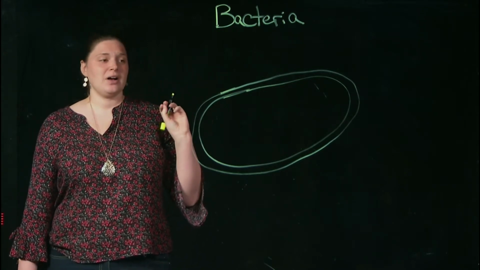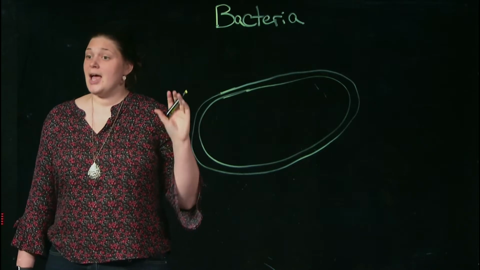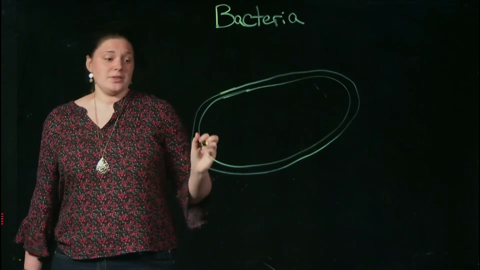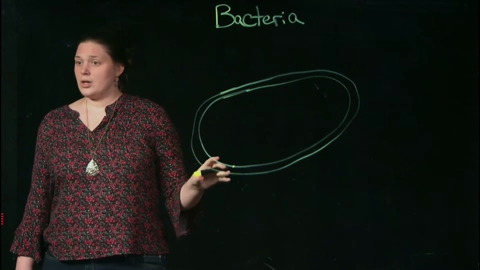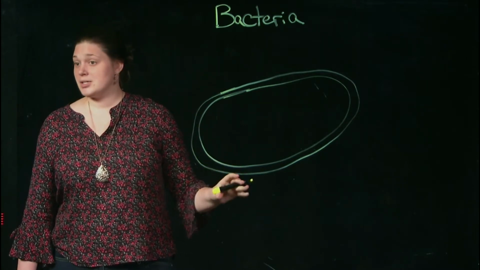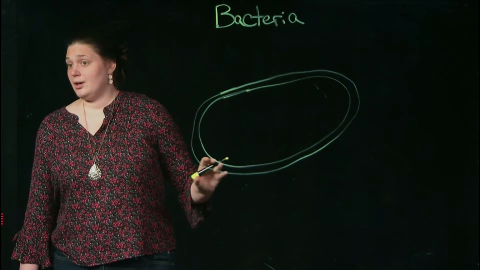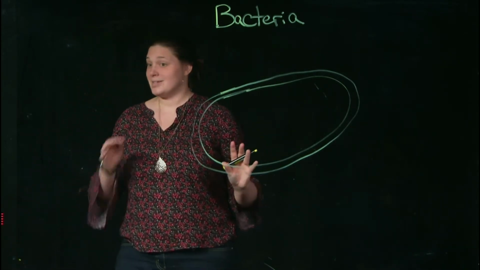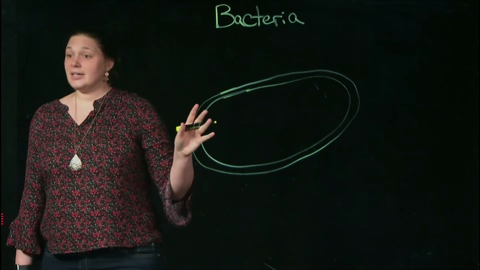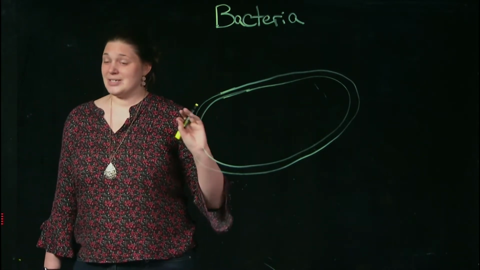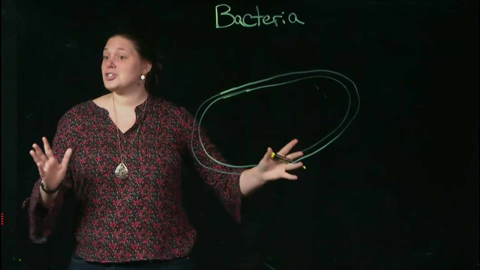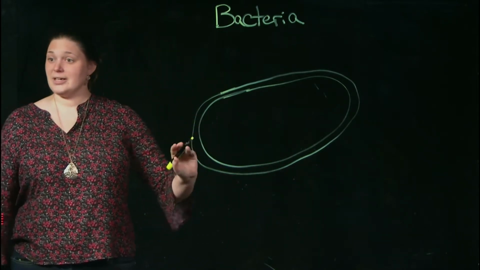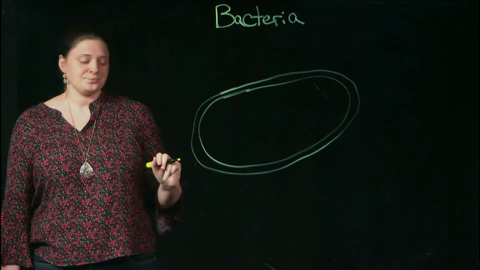It's going to provide a little bit of protection, and it's going to keep it in a certain shape. Now, the density of this cell wall is what's going to make a bacteria gram-positive or gram-negative. But for purposes of this class, you don't need to know what that means. Just know that bacteria also can be characterized based on the way that their morphology looks. Okay, so gram-negative and gram-positive bacteria has to do with that cell wall.